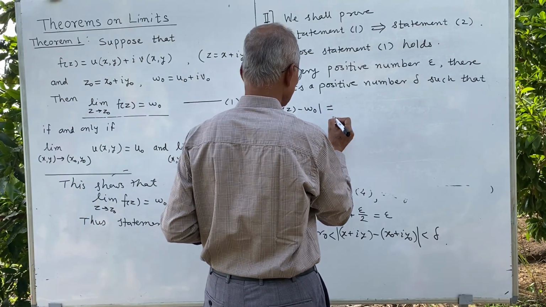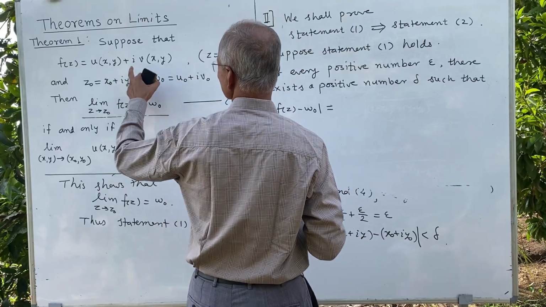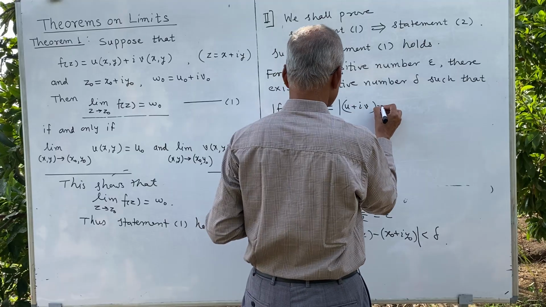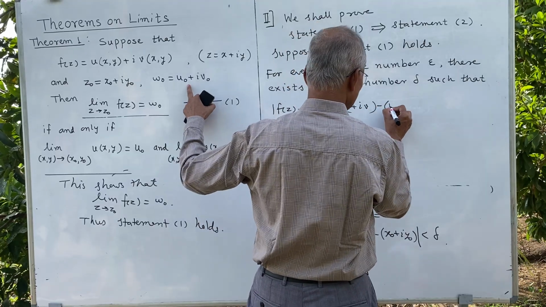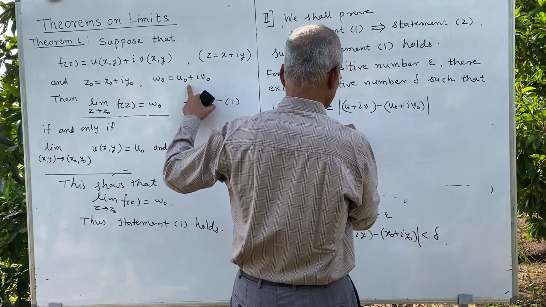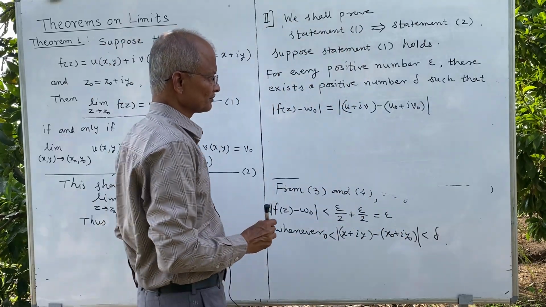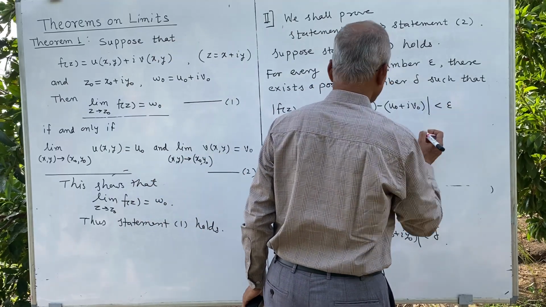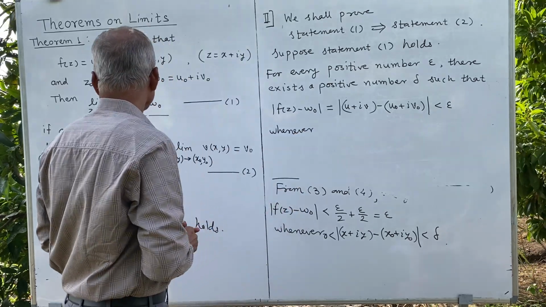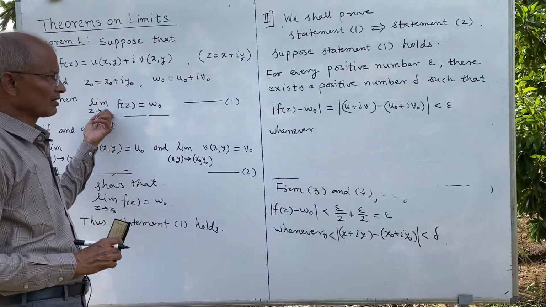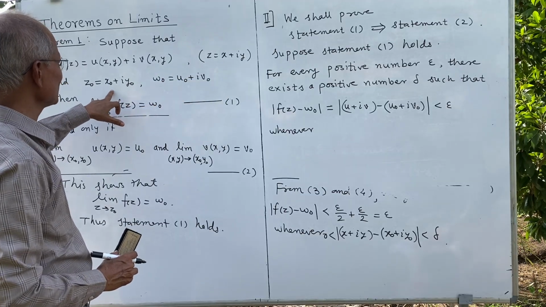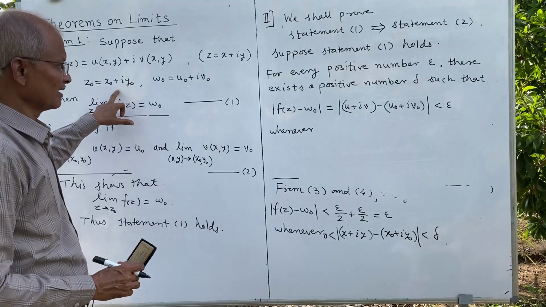This means f of z is u plus iv, minus w naught, which is u naught plus iv naught, and this is less than epsilon, whenever the absolute difference of z and z naught, that is the difference of x plus iy and x naught plus iy naught, is less than delta.